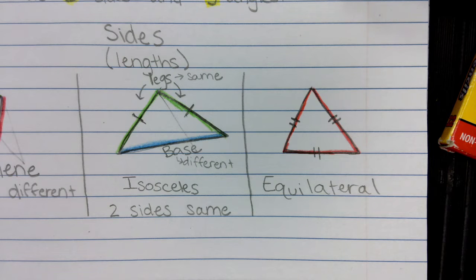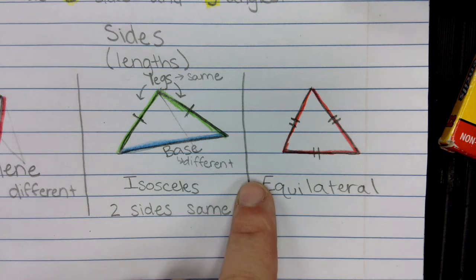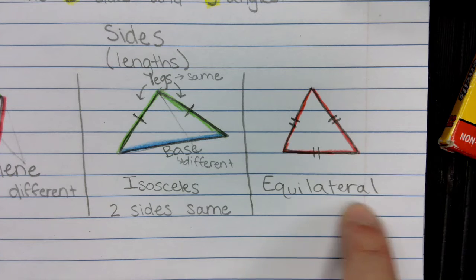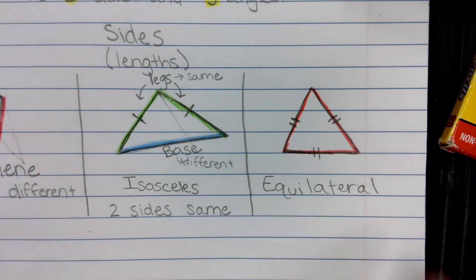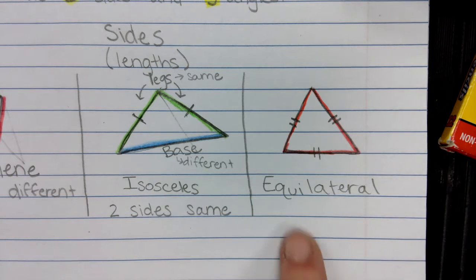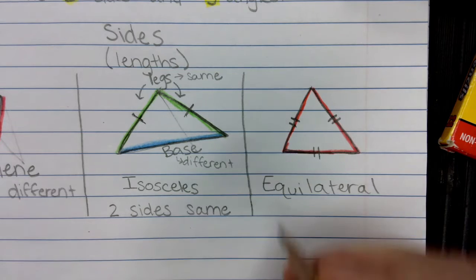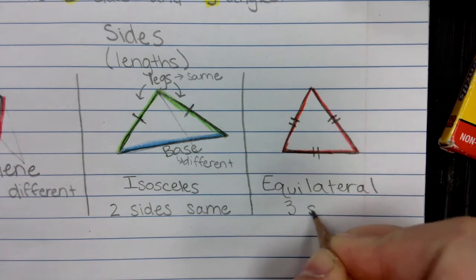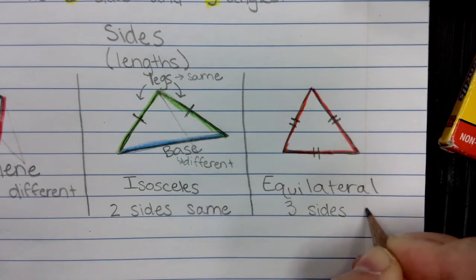Equa, which means equal. And what do you think lateral means? If you move laterally, that means like you're moving to the side. So this is saying that we have equal sides. So that's really what equilateral means, and that just really means three sides are the same.